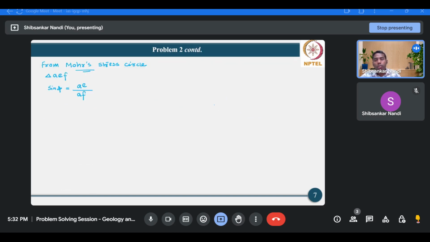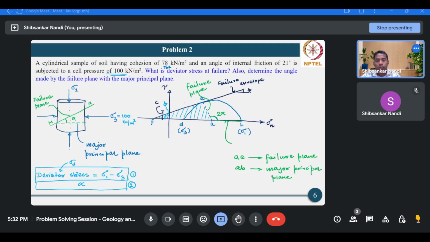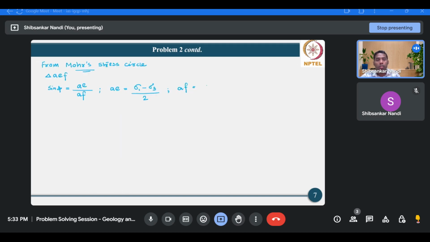AE is the radius of the Mohr circle, and we can write this radius as sigma 1 minus sigma 3 by 2. And what is AF? If we write this point as O, the origin, it is FO plus OA.